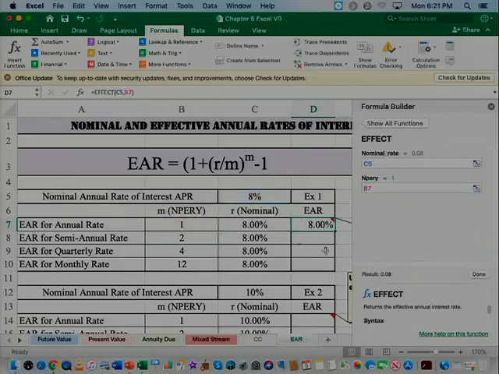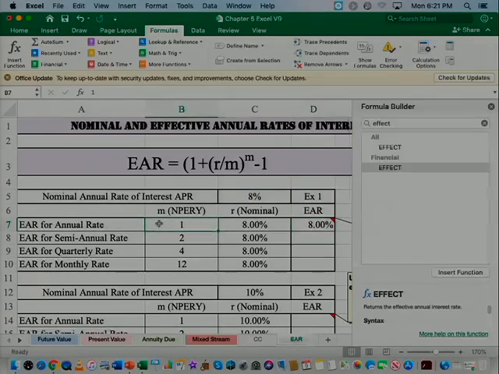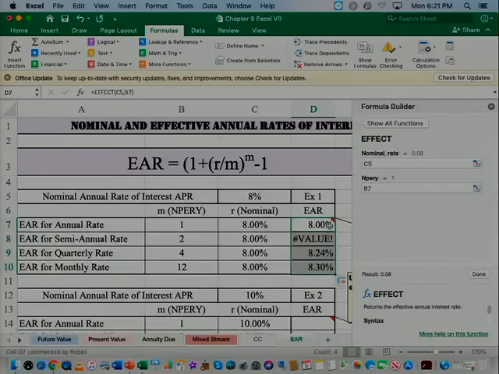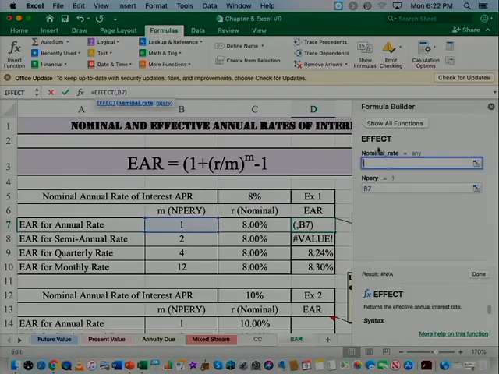So if their frequency is 1 and the nominal rate is 8%, it's going to be the same. The effective and nominal rate will be the same if you're only compounding once a year. But if you compound multiple times, because I should not use C5, I should use the one in line here, C7.